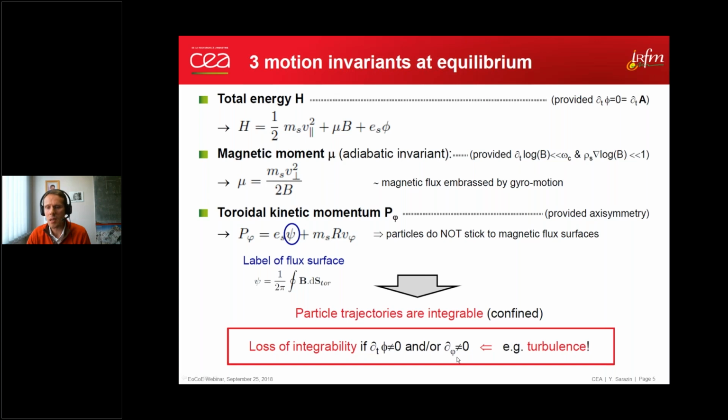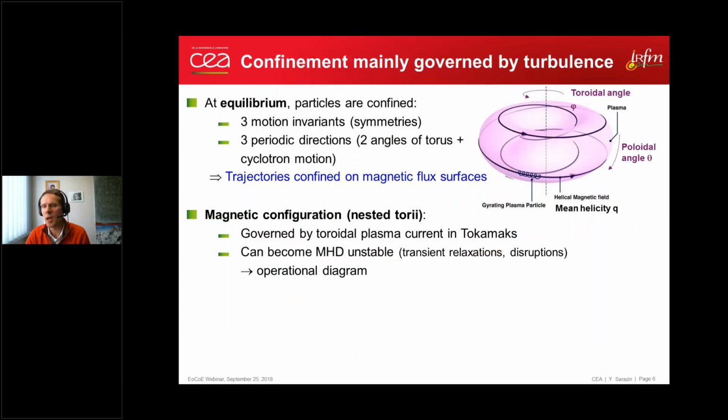And also the axisymmetry is broken because it develops small scale perturbations along the toroidal angle. So particles are confined at equilibrium, but because of turbulence, they get unconfined. And this is the reason why there is some transport across the magnetic surfaces due to turbulence. We will come back on this issue in a minute.